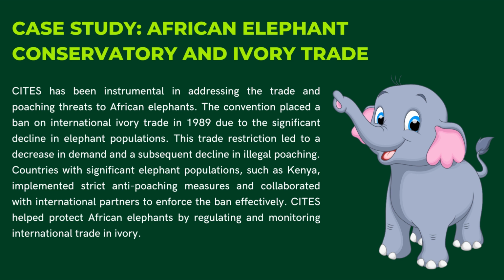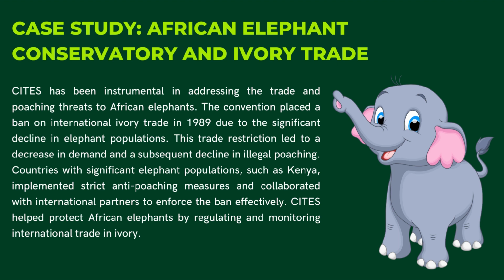This trade restriction led to a decrease in demand and a subsequent decline in illegal poaching. Countries with significant elephant populations, such as Kenya, implemented strict anti poaching measures and collaborated with international partners to enforce the ban effectively. CITES helps protect African elephants by regulating and monitoring international trade in ivory.